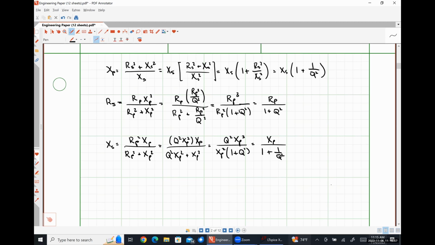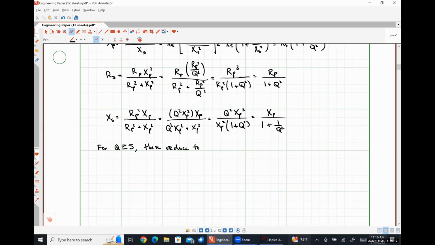And then finally, for Q greater than or equal to 5, these reduce to Rp is approximately equal to Q squared Rs.